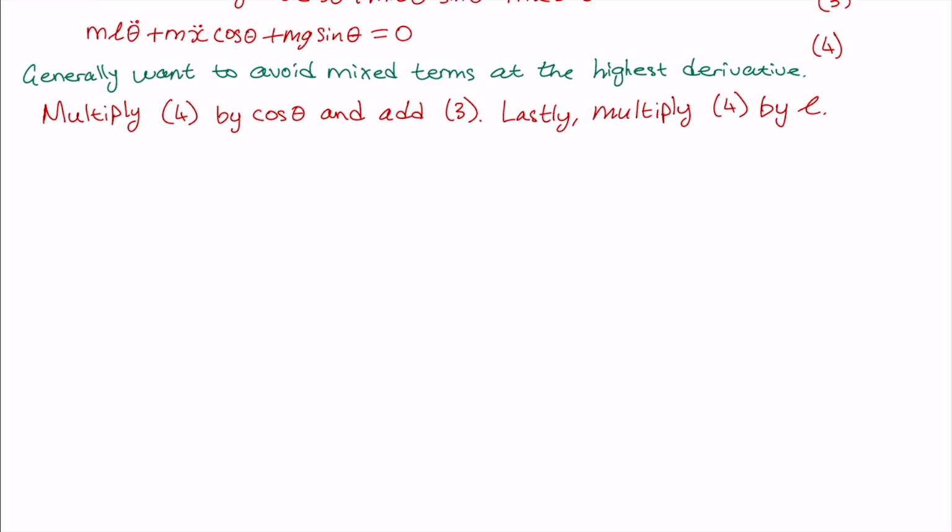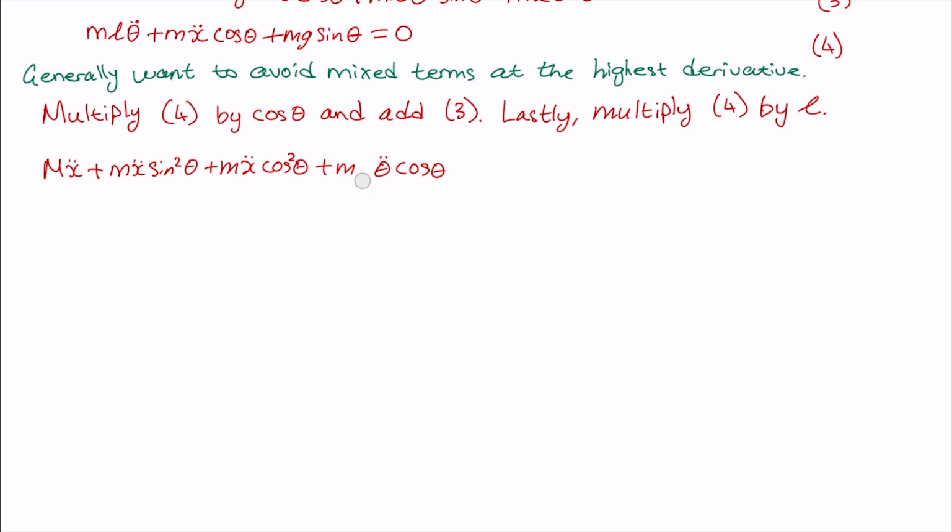All right, dealing with that first operation, we're going to get here big M x double dot plus m x double dot sine squared theta plus little m x double dot cosine squared theta plus ml theta double dot cosine theta.